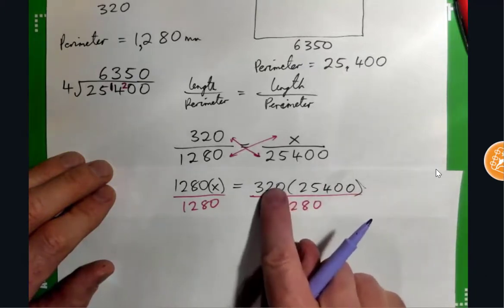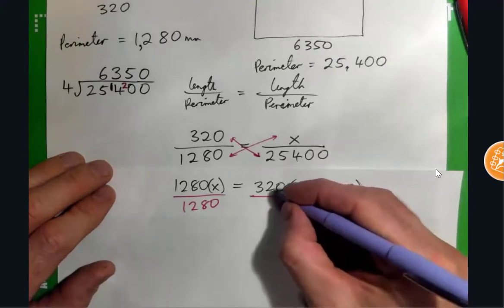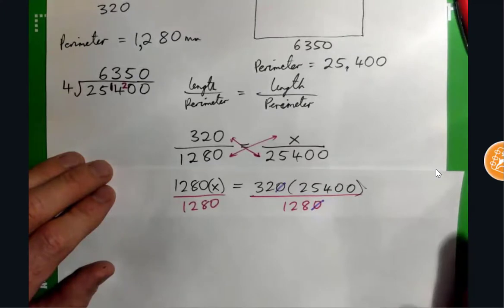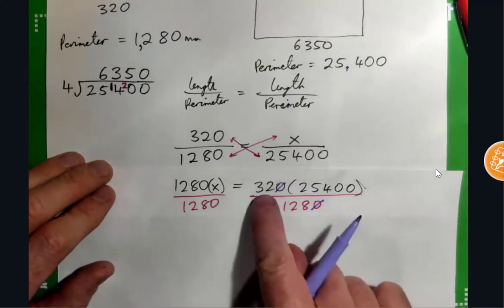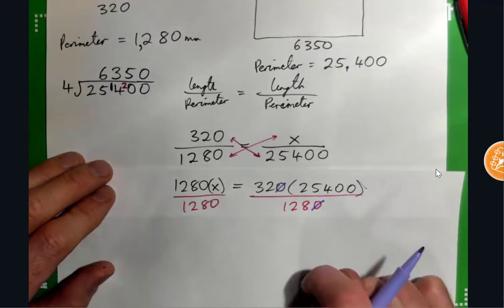If I divide this by 10 and this by 10, can't I just cross off the zeros? Can we all agree on that? Yes. There we go. Now it's a little bit easier. Now, how about 32 and 128? What do you think can go into these? 2.